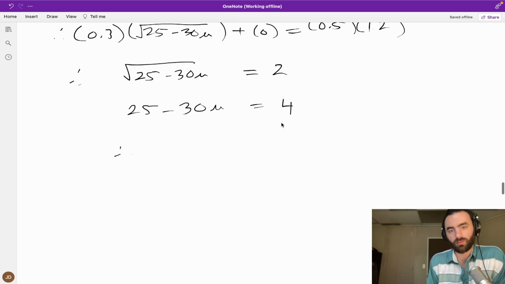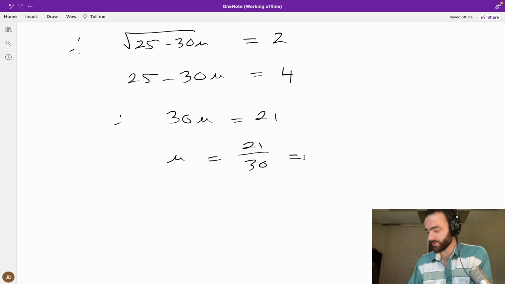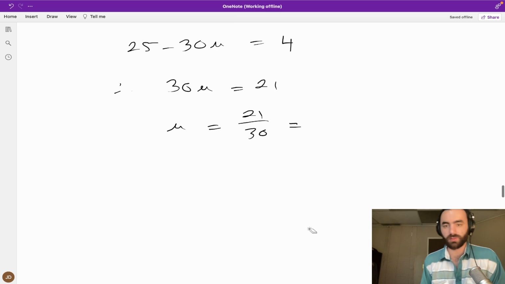Therefore 30 mu equals 21, and mu equals 21 over 30, which is 0.7.